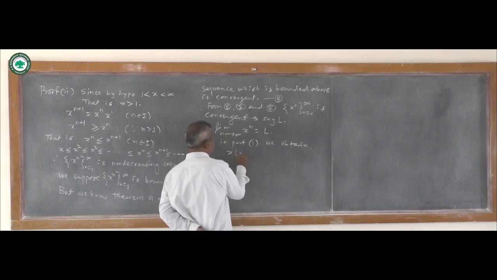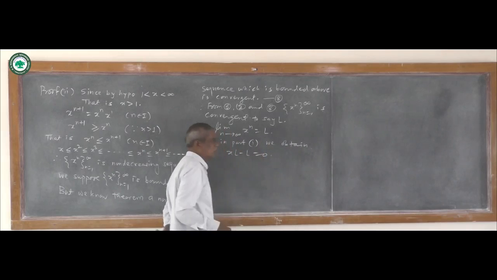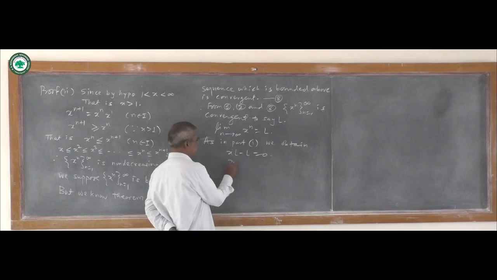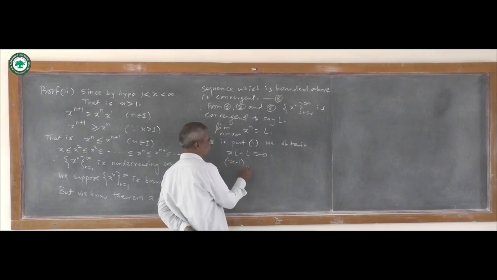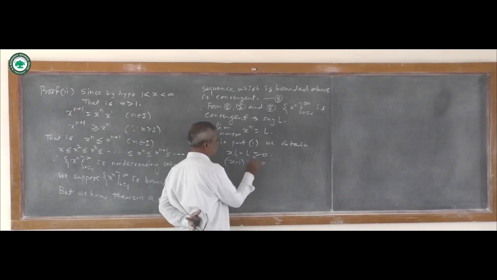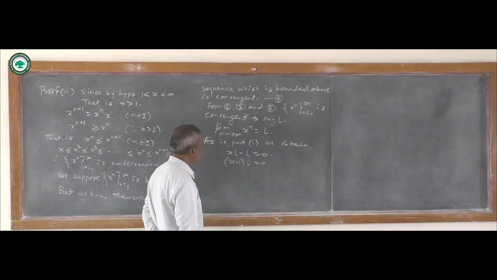That is, x minus 1 into L is equal to 0.